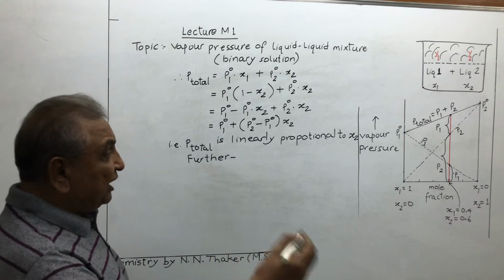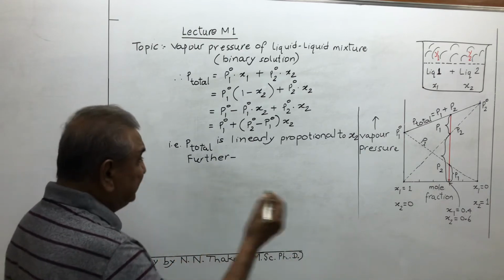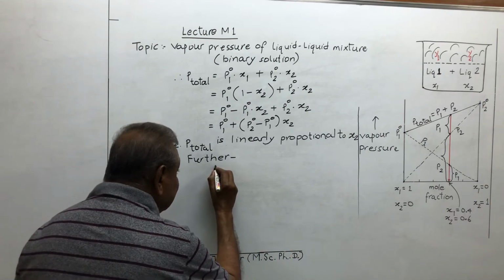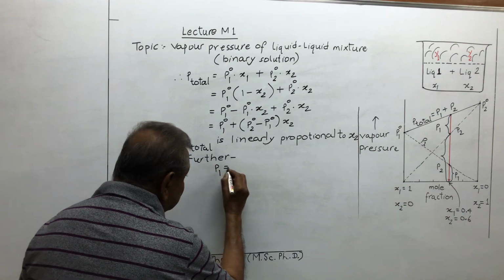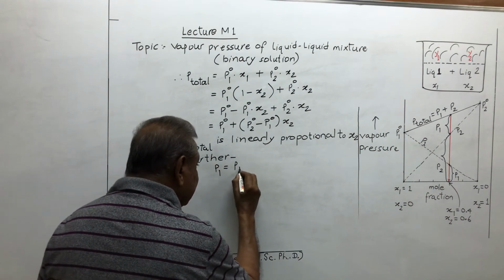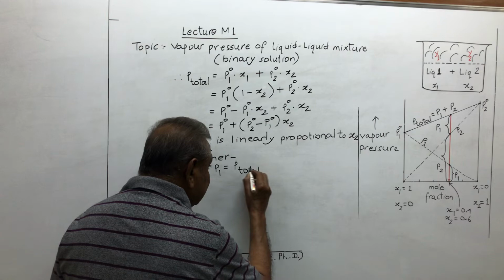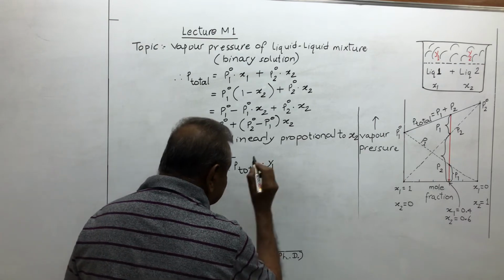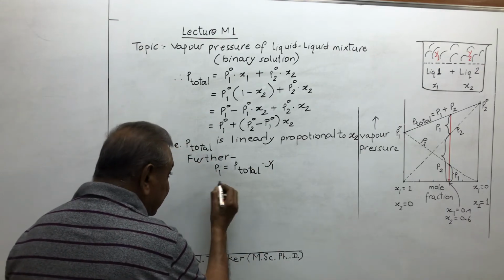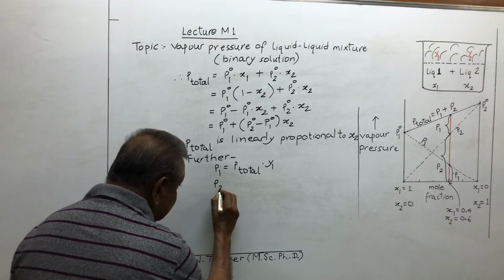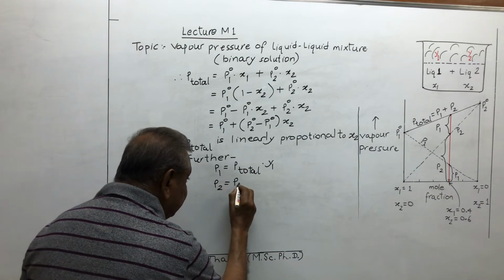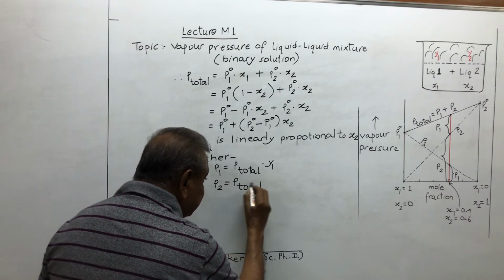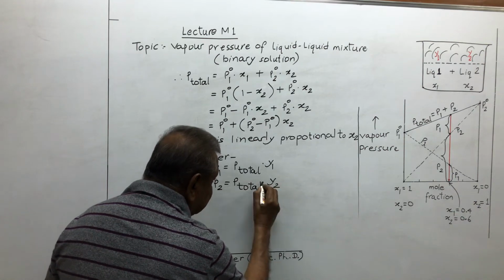Further, again according to Dalton's law, P1 is also equal to P total into y1 and P2 equal to P total into y2.